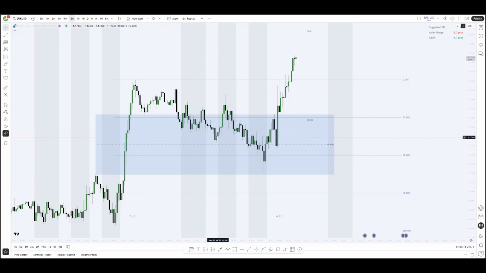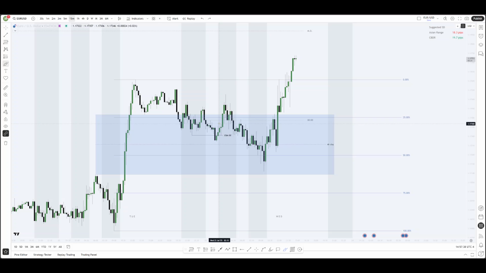Just before London opens, price takes out the sell side right here. And this is an intermediate term low, right? This one. Intermediate term low. Why intermediate? Because it has a swing low to the left and a swing low to the right. So therefore that makes this low an intermediate term low.